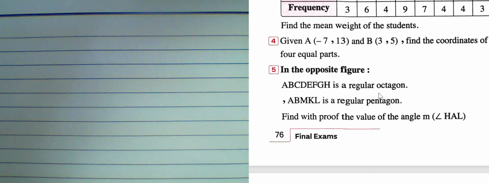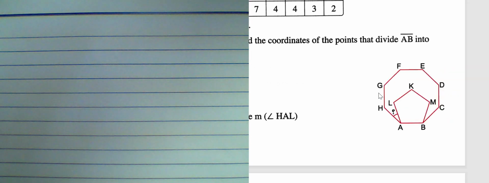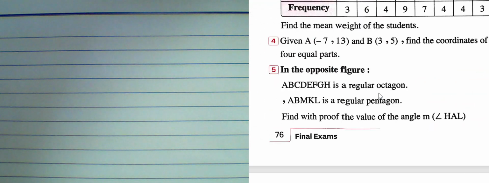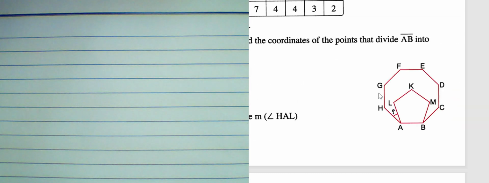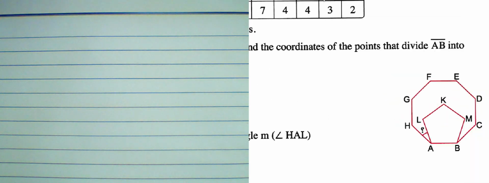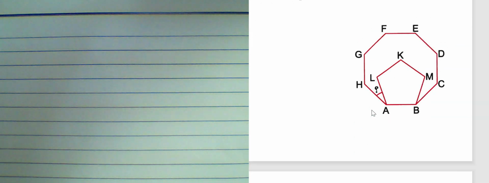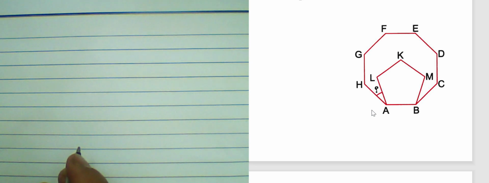The first angle lies in an octagon and the second in a pentagon. Octagon means the number of sides is 8. We call it octagon. Understood, my students?